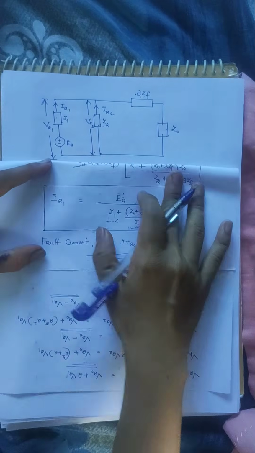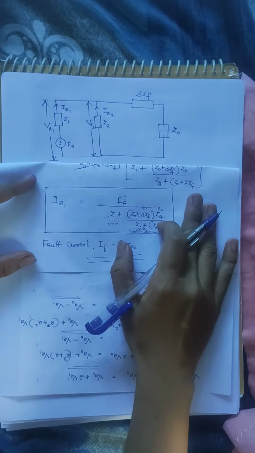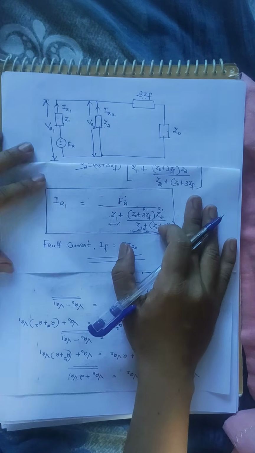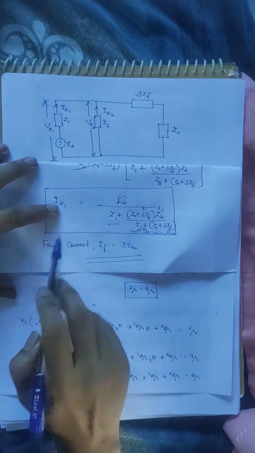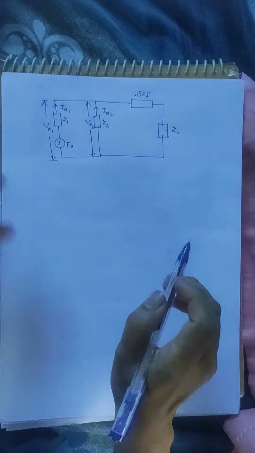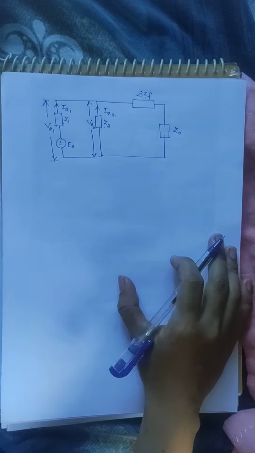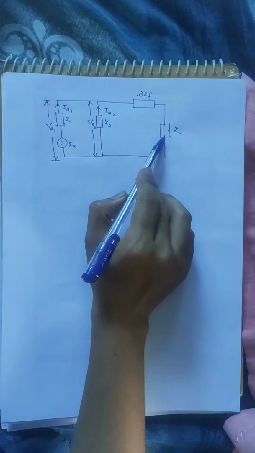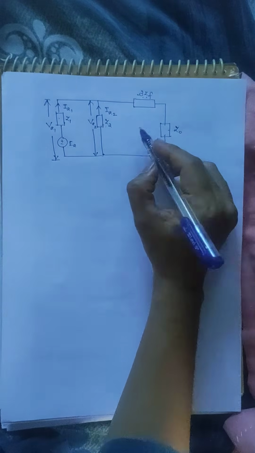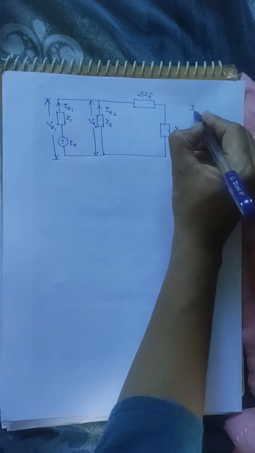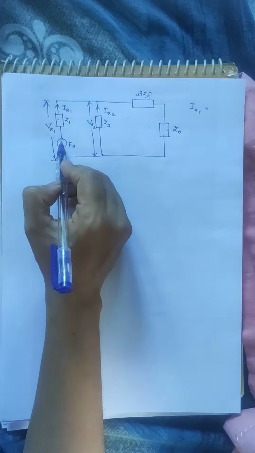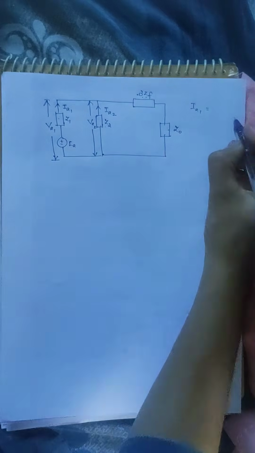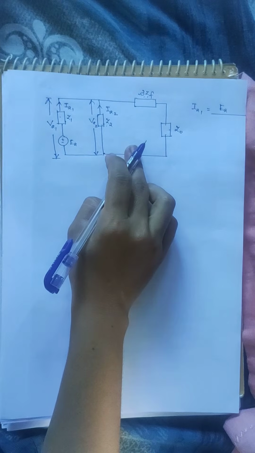So we can see that the expression for IA1 and this sequence diagram are comparable to each other. Actually we don't have to learn by heart the equation for IA1. If we can remember this particular sequence diagram, then we can easily write the equation for IA1 from this diagram. IA1 is the total current flowing out of this source, and total current is equal to total voltage, that is EA, divided by the equivalent impedance of this circuit.